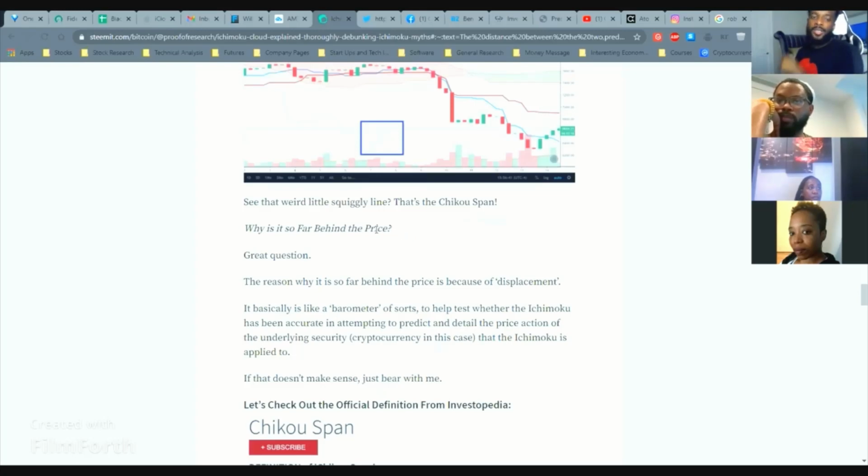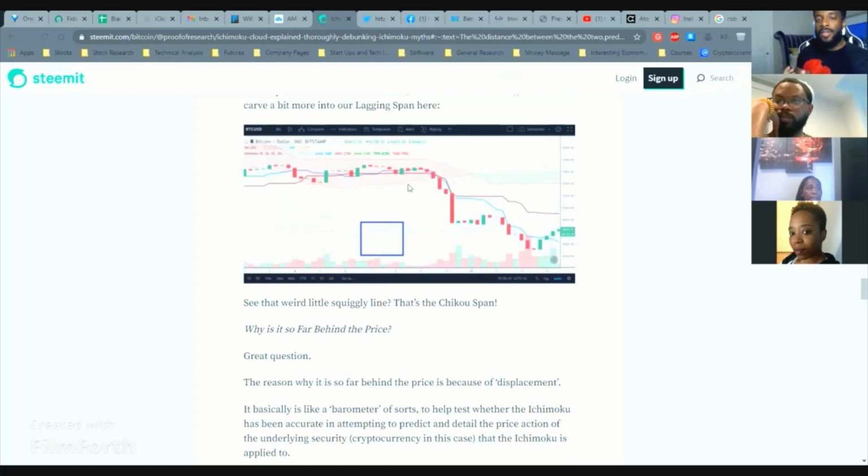Okay, so basically, displacement is kind of like, how can I put it? Think of it like a margin for error in this sense. And then you just test it out. A lot of times you have to backtest your indicators to see how they perform when you use them.